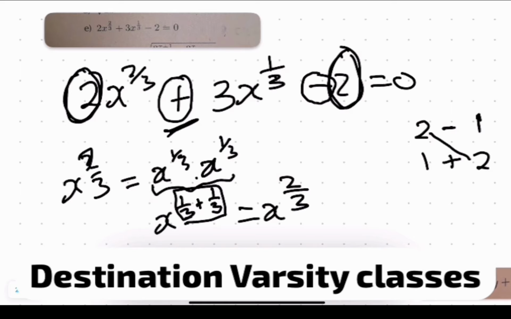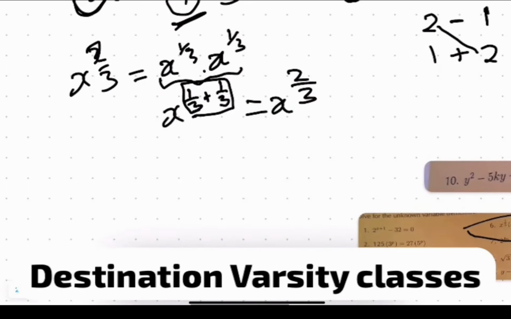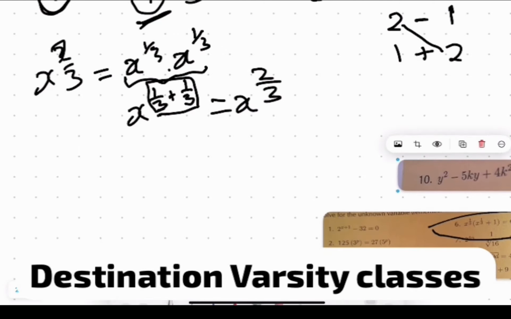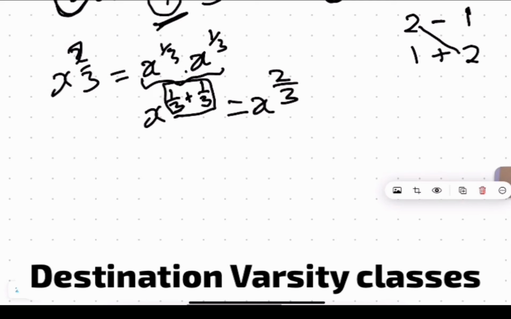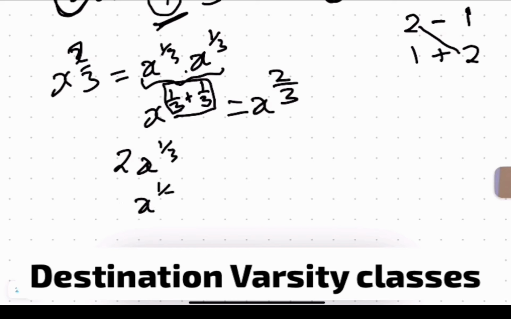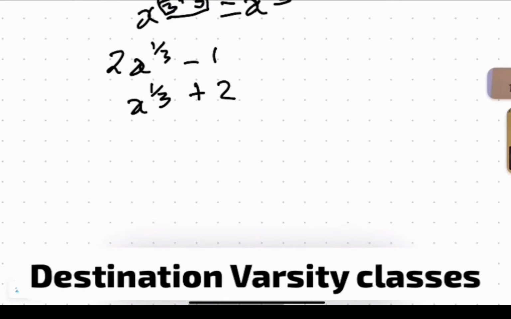Okay, cool. So now we know that our factors are 2x to the power of 1 over 3 minus 1 and x to the power of 1 over 3 plus 2, right? Because we just determined that above.